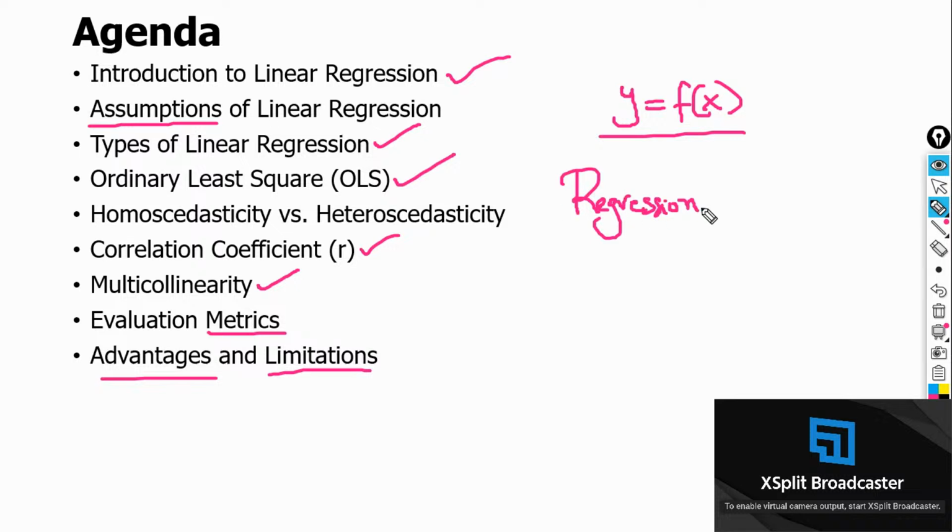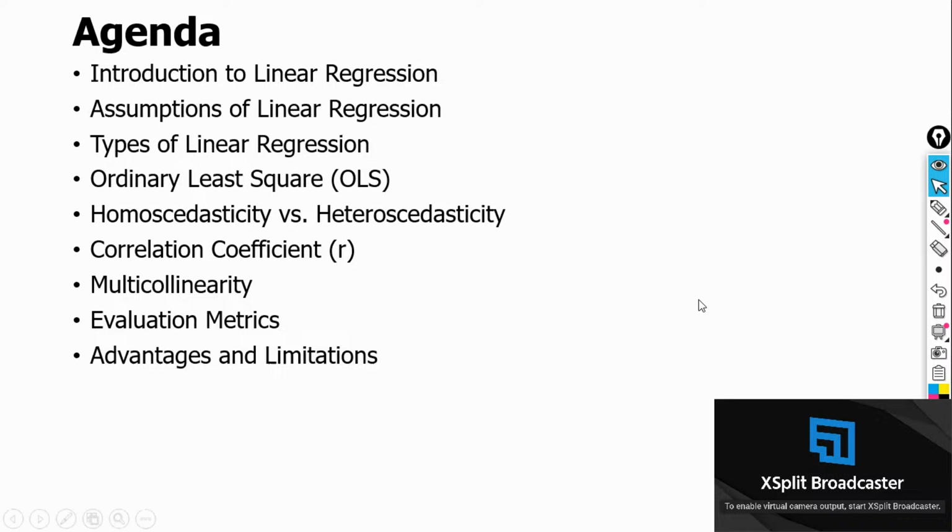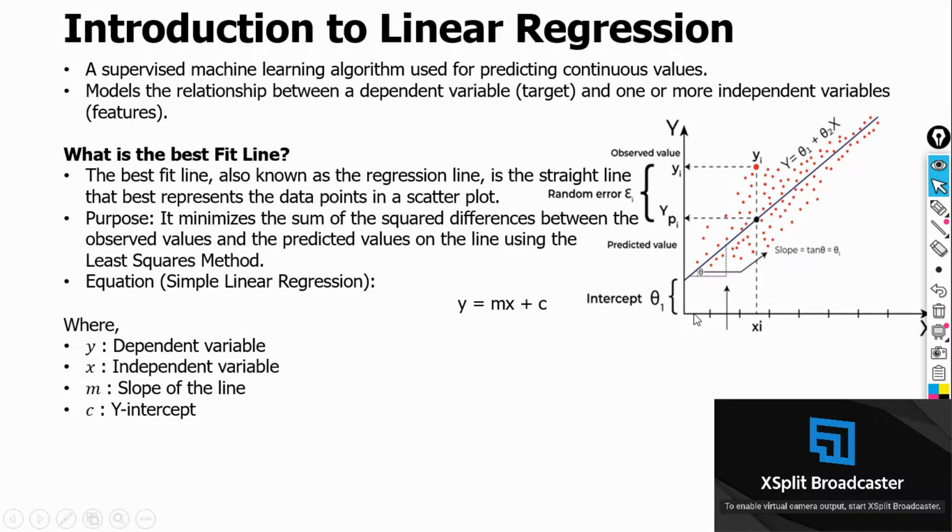Under regression, today we are going to learn linear regression. So let us get introduced to linear regression. What is linear regression? Regression, yes, we are aware of this word.